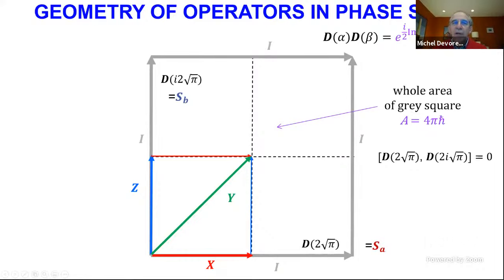If we look at this triangle here, x, z, and y, it has an area of exactly this full area divided by 8, which means that it's pi over 2 h bar, which corresponds to a phase factor i. So we have exactly the algebra of the Pauli operators here. So this is really wonderful, and this explains how the Clifford operations will be obtained by simply geometric translation and rotation in phase space.